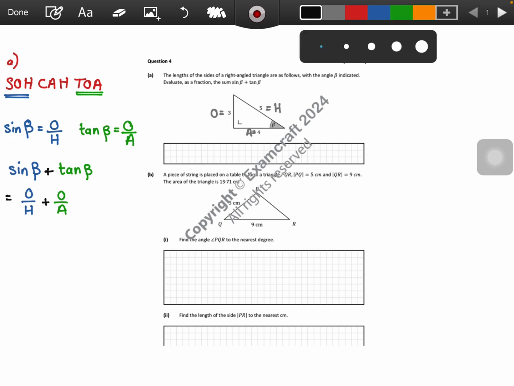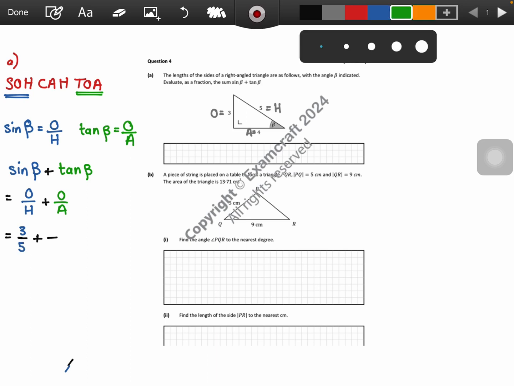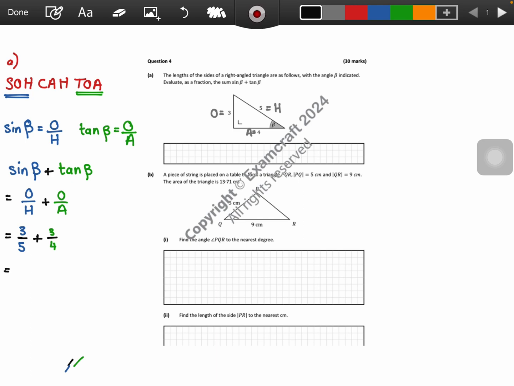I can just fill that in from what I have in the triangle. So my opposite side was 3 over my hypotenuse 5, and then again, my opposite side is 3, and over my adjacent now is 4. Put that into your calculator and we will get that it's 27 over 20. So that is part A.